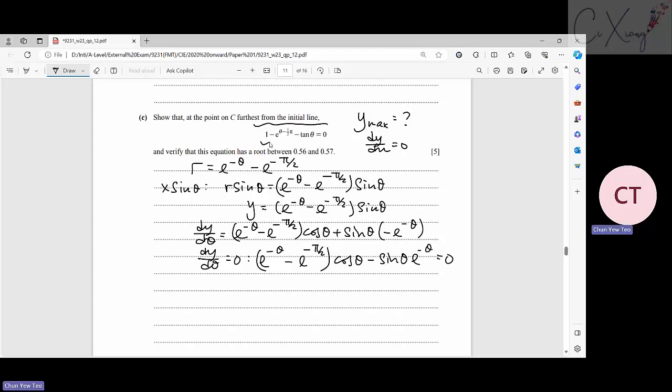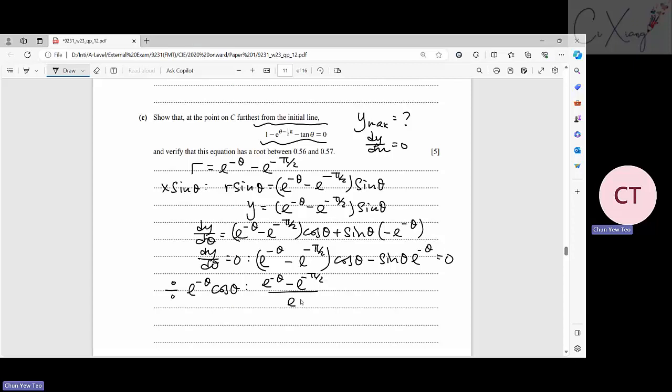And you can see that the question has tangent theta. So what you need to do is divide the equation by e to the power of negative theta and cos theta.